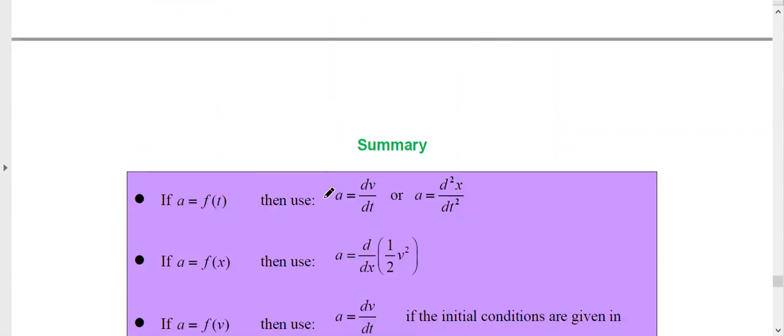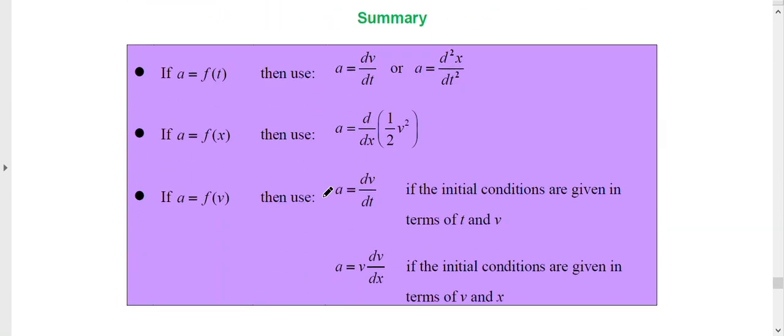So I've created a nice summary here that you can use and look back at if you need to eventually. It's got three dot points here that basically tell you exactly which version of the acceleration formula you should be using.